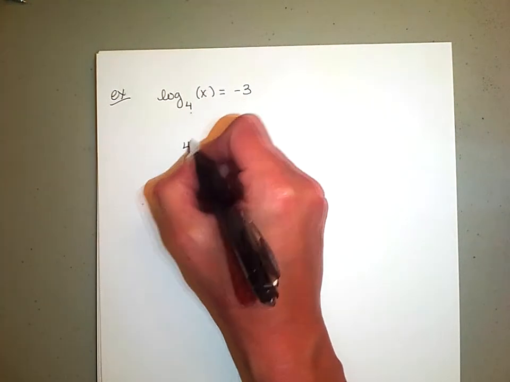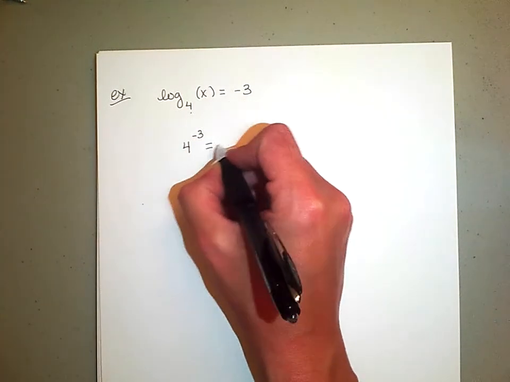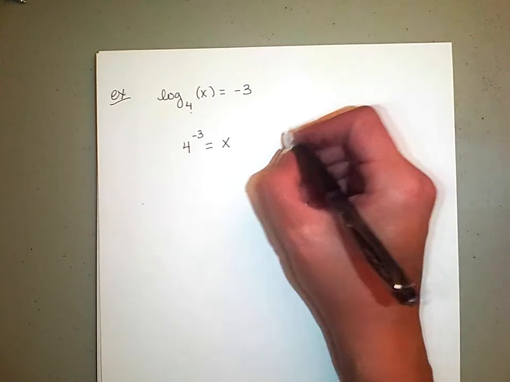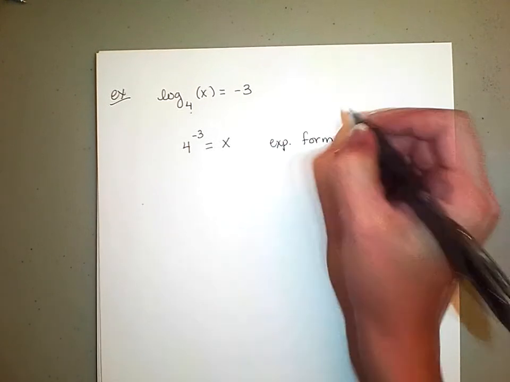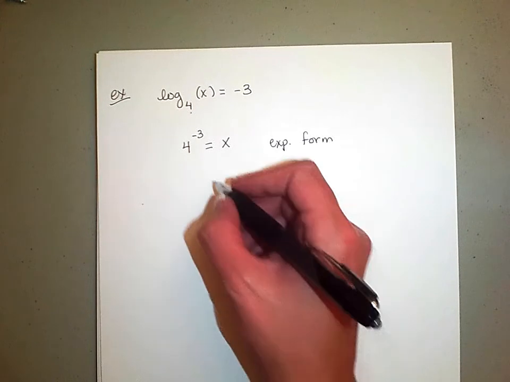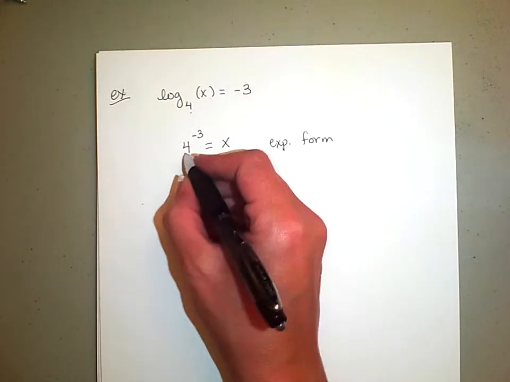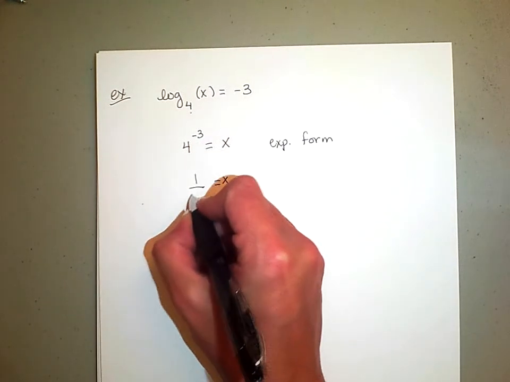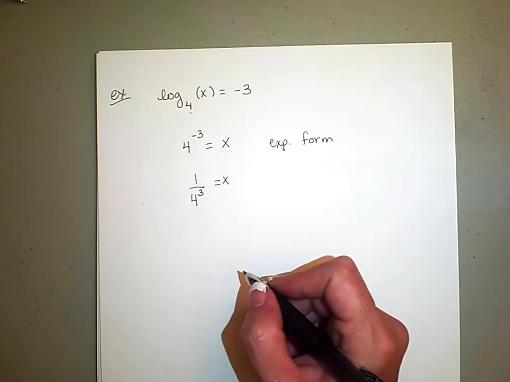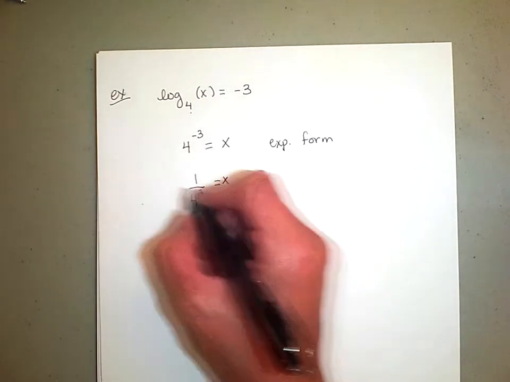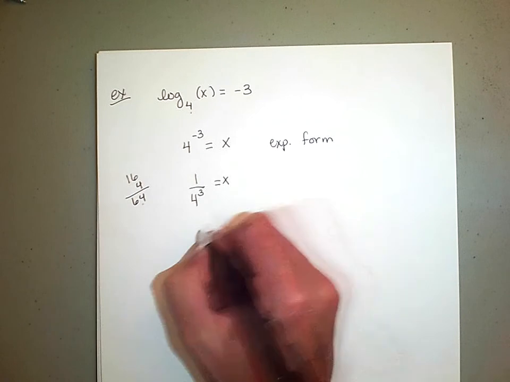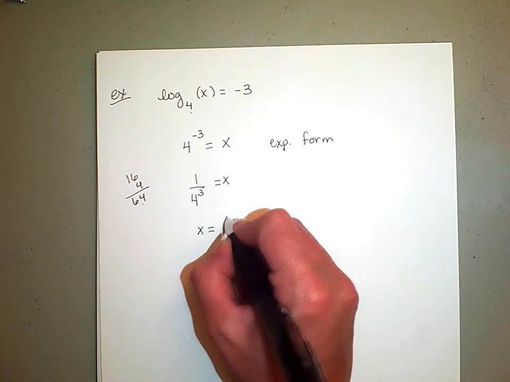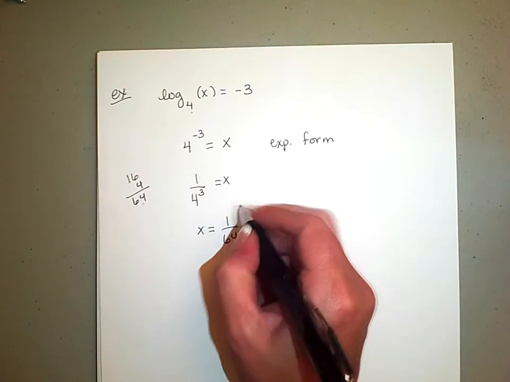So I know that 4 to the negative 3 power would have to be x, because this is the exponential form. And then I could just manipulate this. Well, 4 to the negative 3 is 1 over 4 cubed. 4 cubed is 16 times 4, which is 64. So x would be equal to 1 over 64.